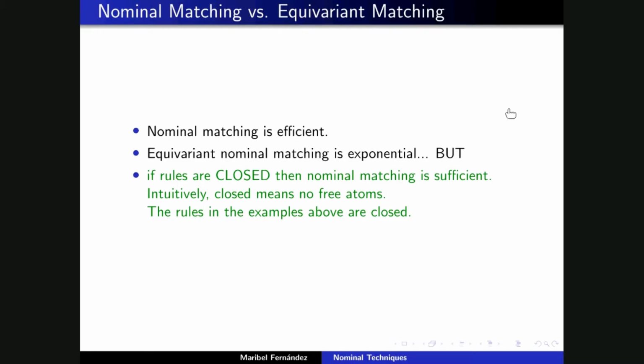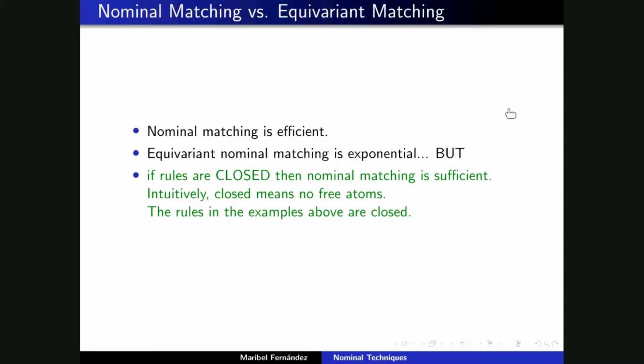What we call closed rules. It's not exactly that. Intuitively, there are no atoms, but the way that you formally write it is a little bit more subtle. But anyway, can we restrict ourselves to just that class of rules and then work with nominal matching, which is very efficient? And the answer is yes.